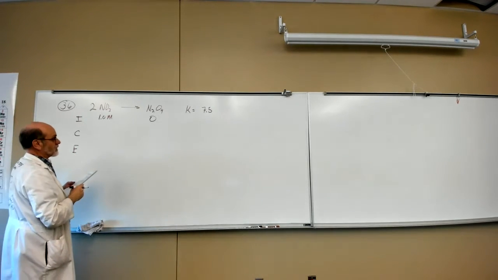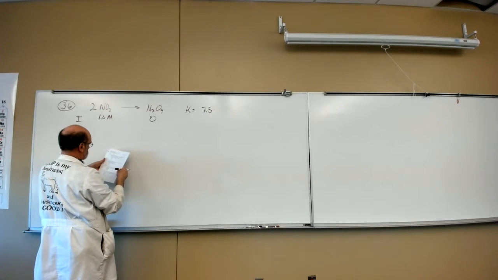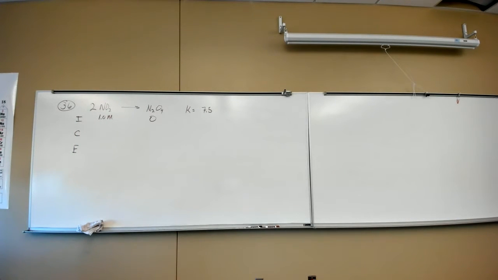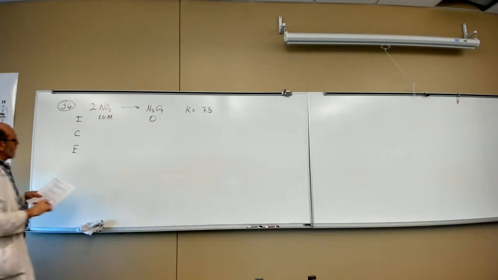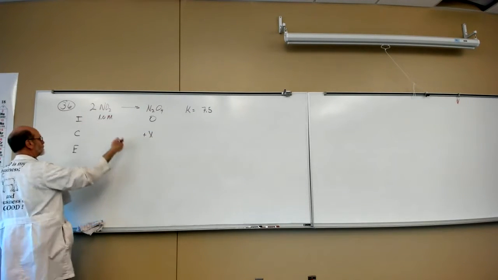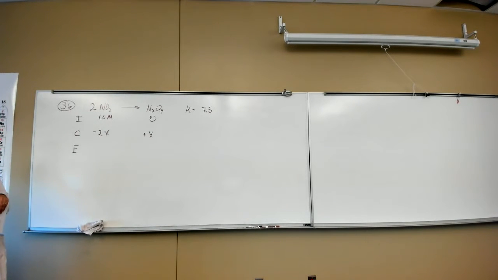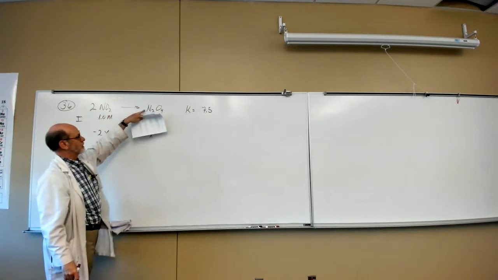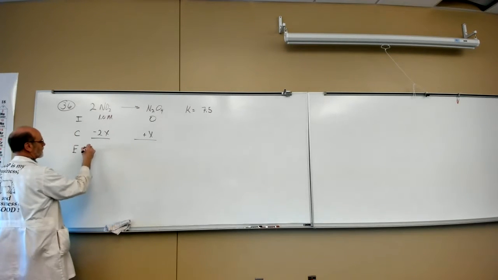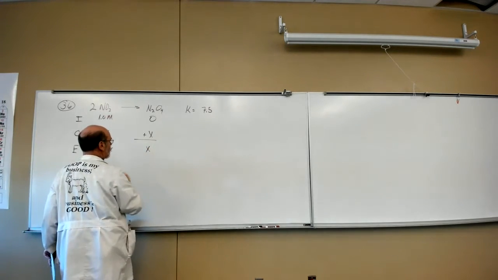So the change is we're going to produce some of this, which means we're going to lose twice as much of that because of the stoichiometry. Okay? So this is going to be 1 minus 2x, and this is going to be x.